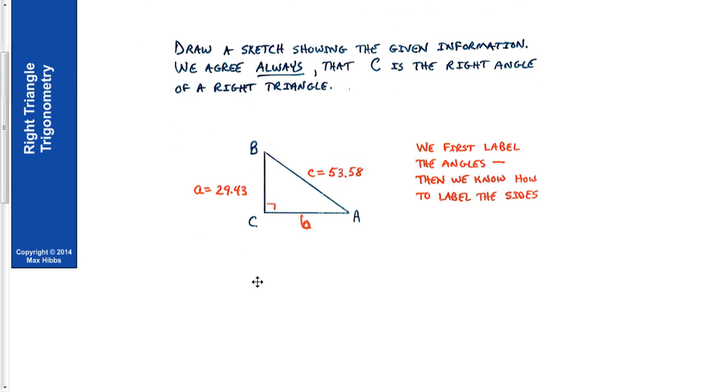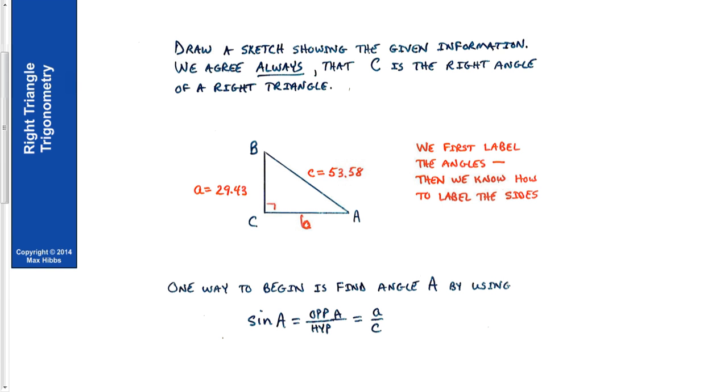Now we have something to refer to. So we make a decision on what we'd like to do first. One way to begin is to find angle A. To find angle A, I don't know angle A, but I need a trig function that involves angle A and two pieces of known information.